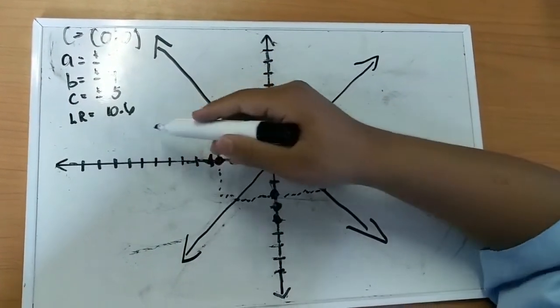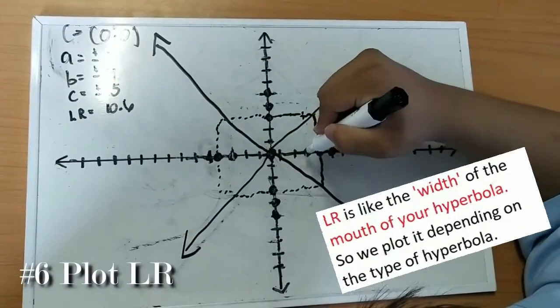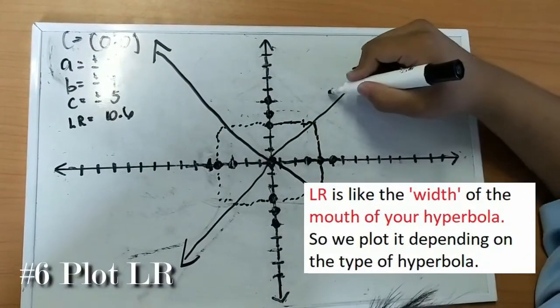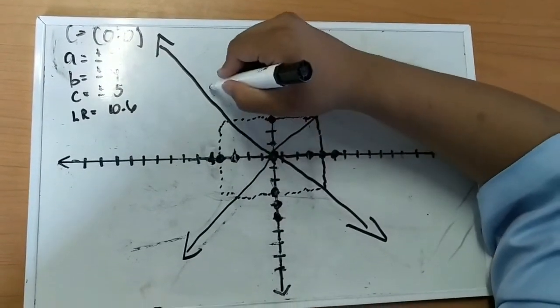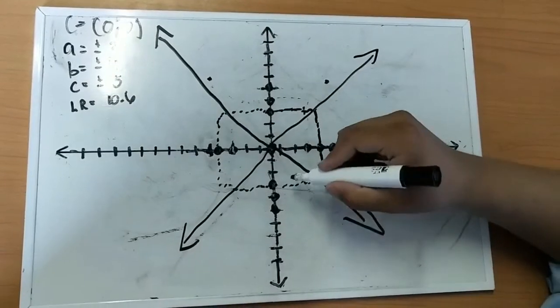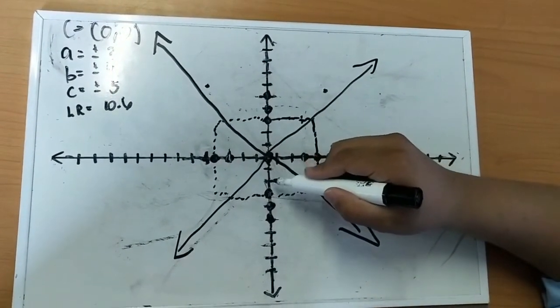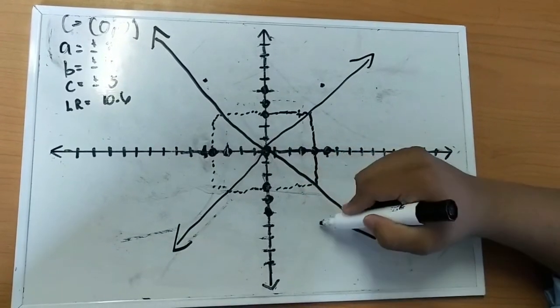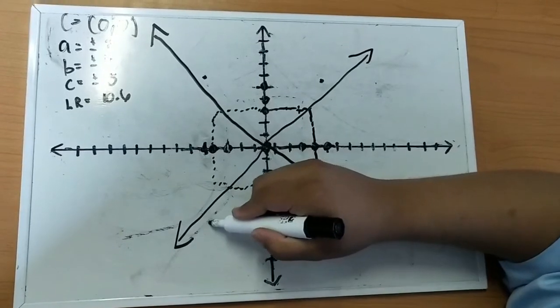And then you need to plot the lateral recta. We're going to count 1, 2, 3, 4, 5.3. And then 1, 2, 3, 4, 5.3. Also in the other side, 1, 2, 3, 4, 5.3. 1, 2, 3, 4, 5.3 right here.